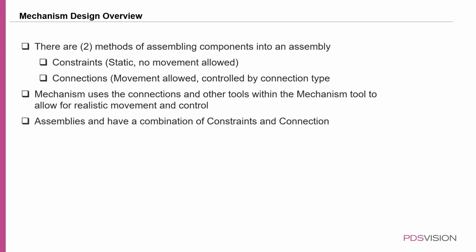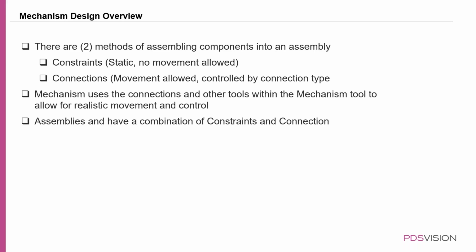And then when you get into the mechanism tool, it actually uses the connections and some of the additional tools within the mechanism environment itself to allow for realistic movement and control of your file. So we are going to deal with connections, and then there are a few things that we're going to do in mechanism as well. Mechanism is a big environment, and there's a lot of functionality inside of it.